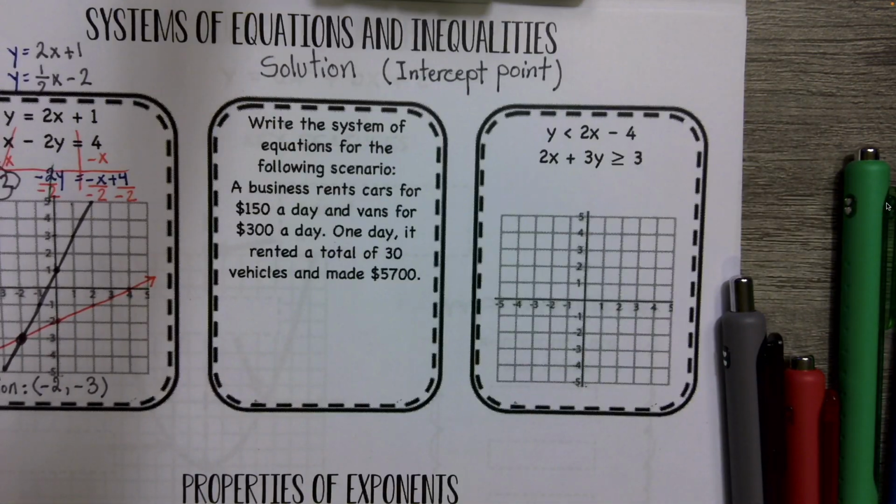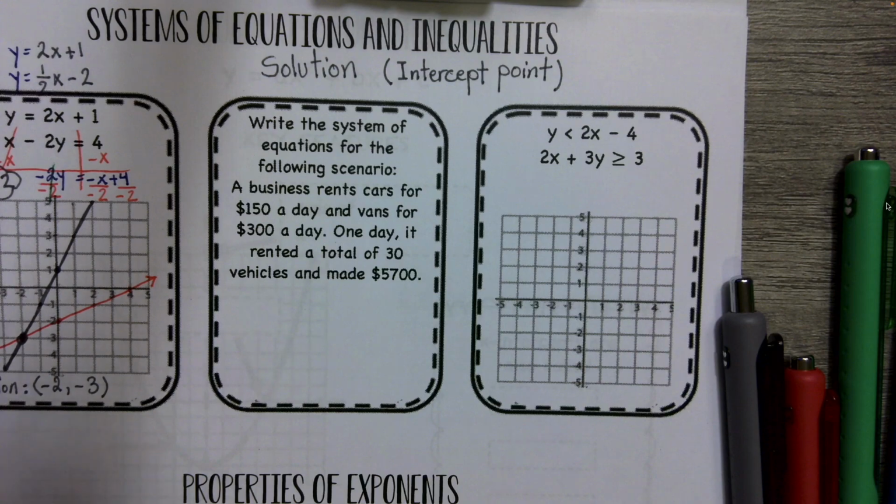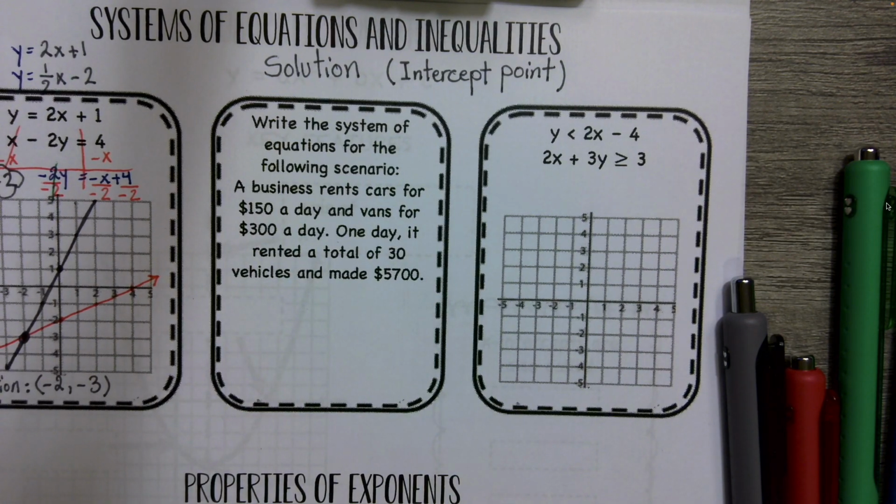It says write a system of equations for the following scenario. A business rents cars for $150 a day and vans for $300 a day. One day, it rented a total of 30 vehicles and made $5,700.